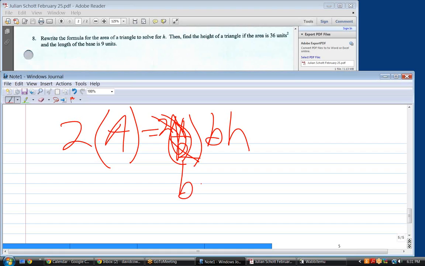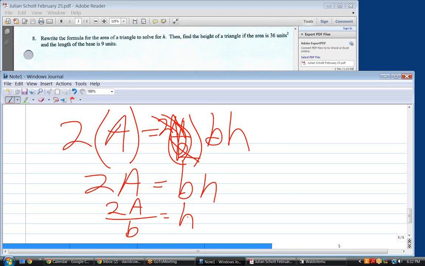So now I got BH equals 2A. What's H going to be? 36. No. Let's solve for H before we substitute any numbers in. In other words, the first part is solve the equation for H. Is it 2A over B equal this? Alright.